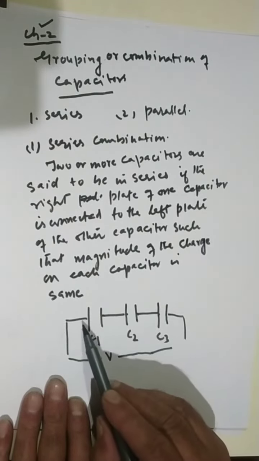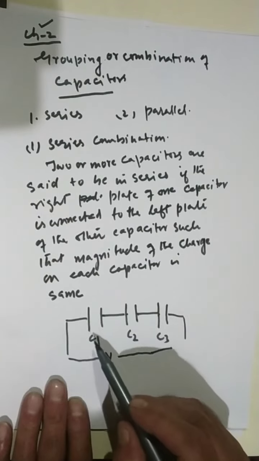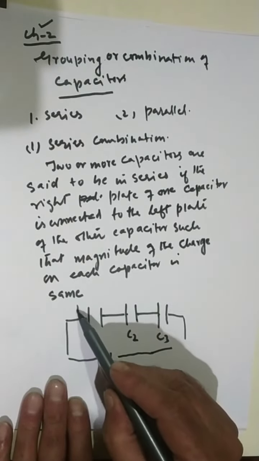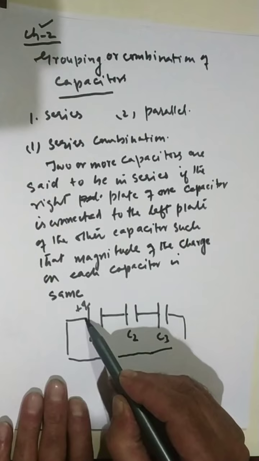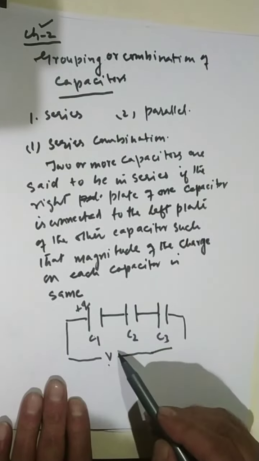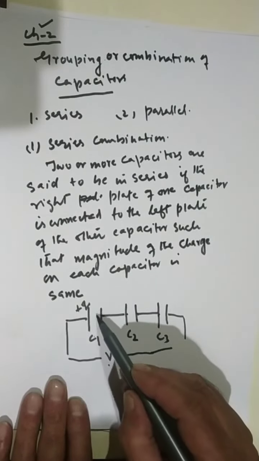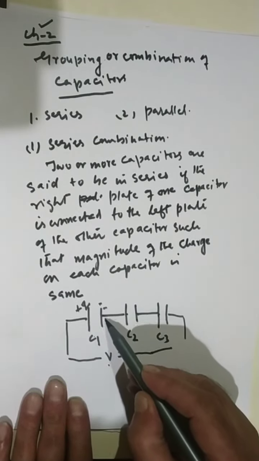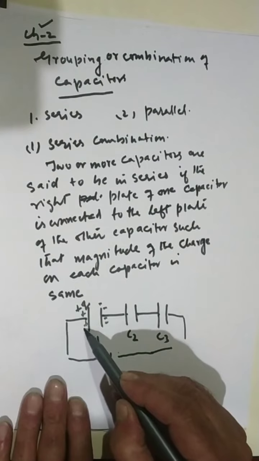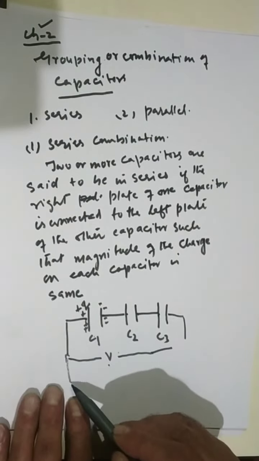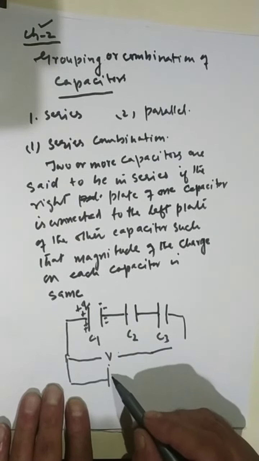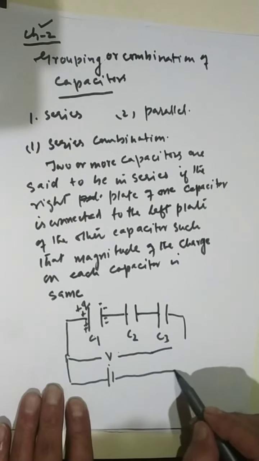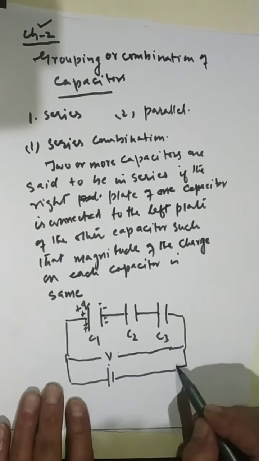Okay? Now, because of potential, this will be charged positively, and this will attract a negative charge towards this second plate. So this will be negatively charged. This will be positively charged. Potential is applied because we have applied some voltage or a cell here. Okay.